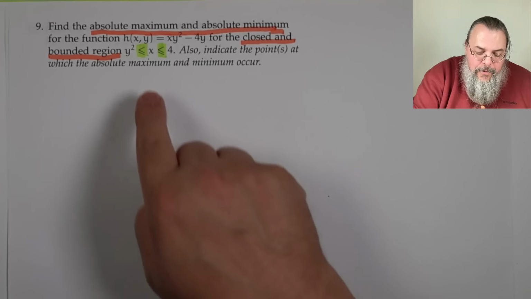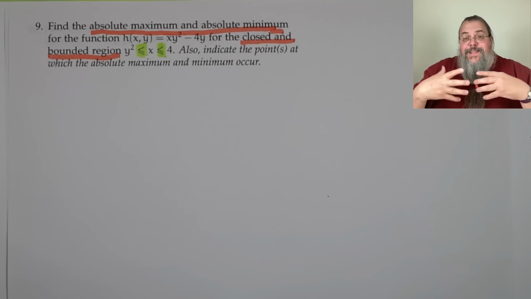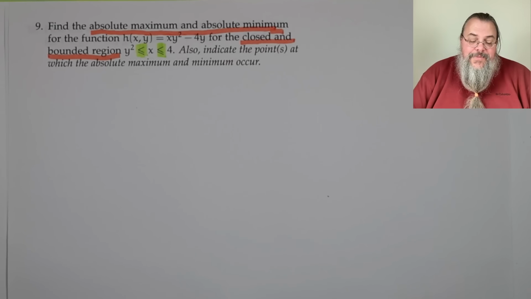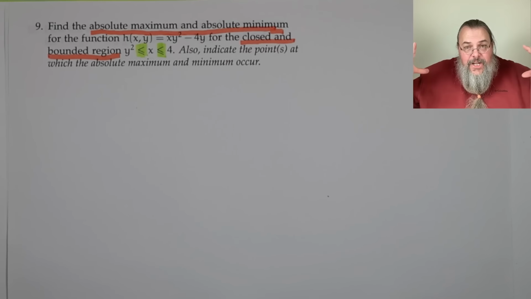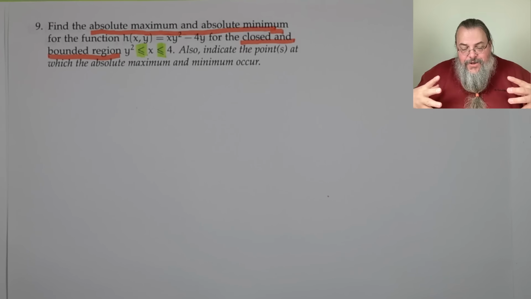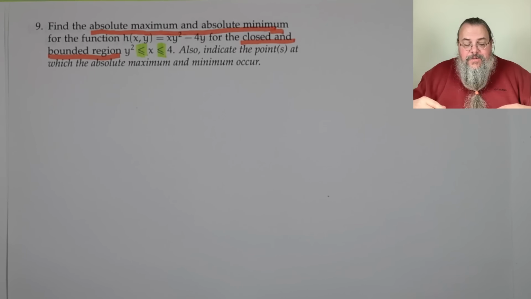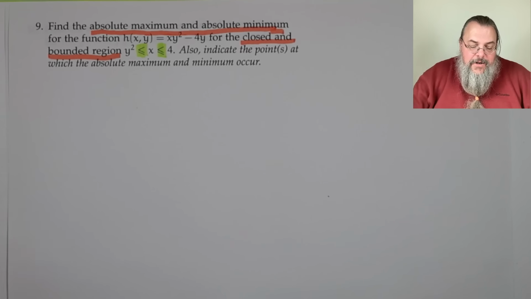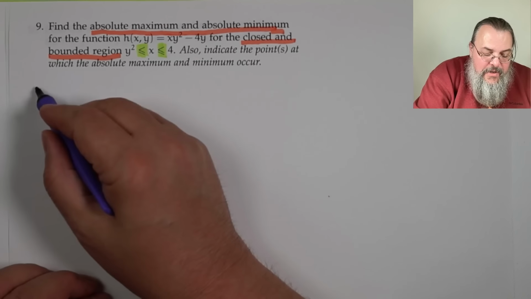When we see our formulas here, they both involve a less than or equal to. That says we're including the inside. So this is our make a list. So we are going to do our make a list strategy.